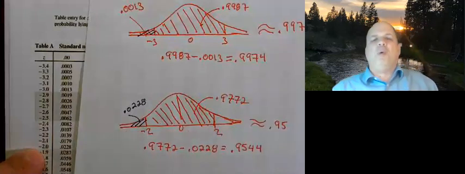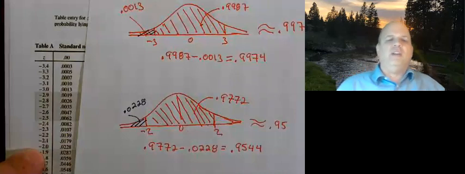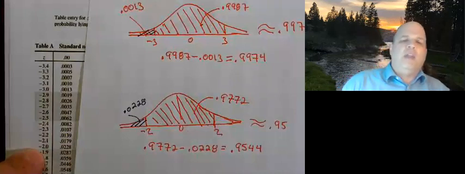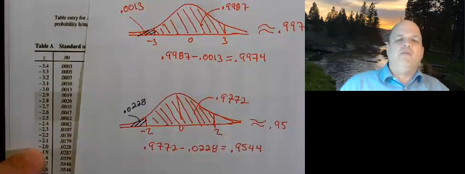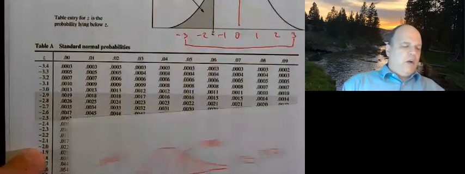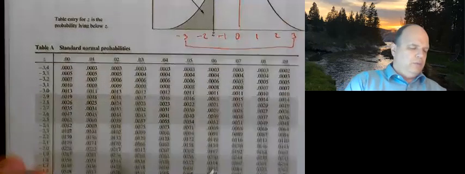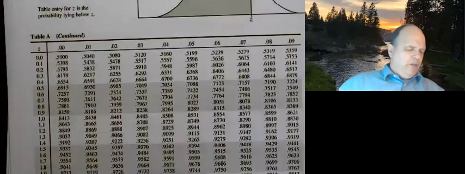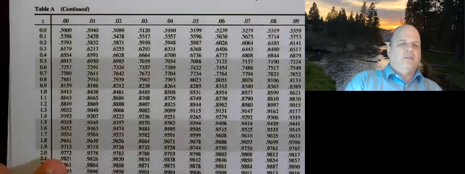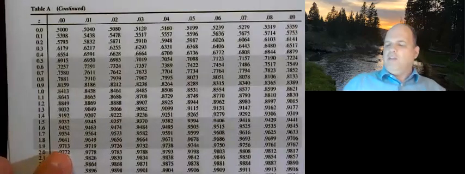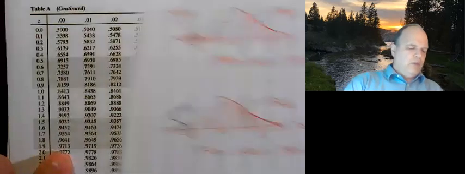So about 2.2% of the data is below that. So my percentile rank for -2 is about 2.2%. And then I need to go all the way up to +2 because we want the distance between the two. At +2, I find 0.9772, which I've also recorded.